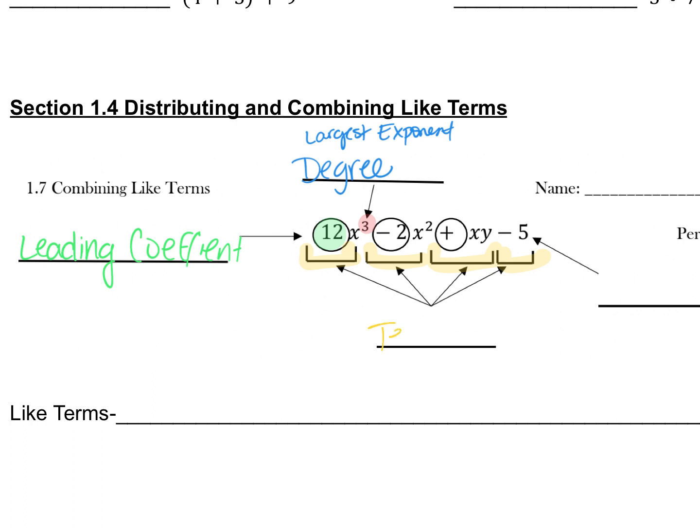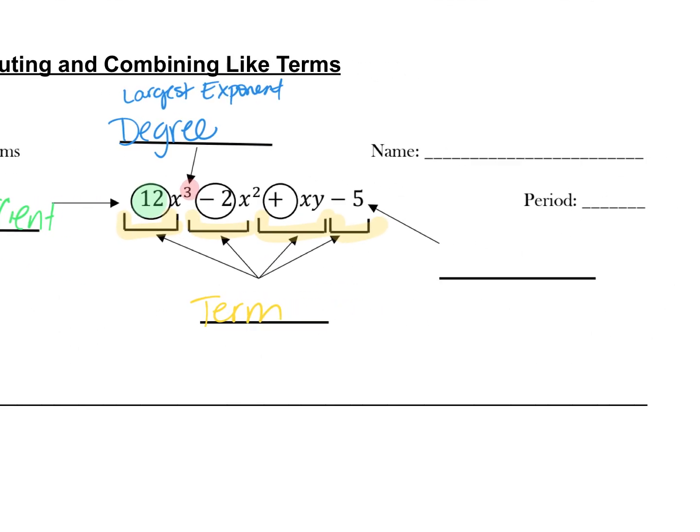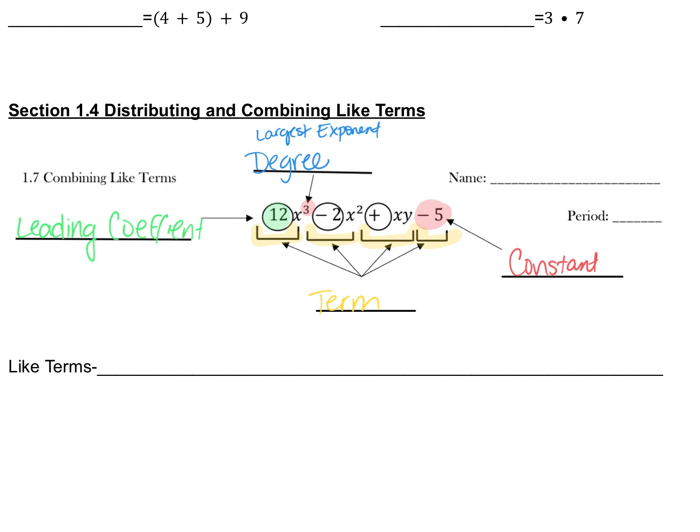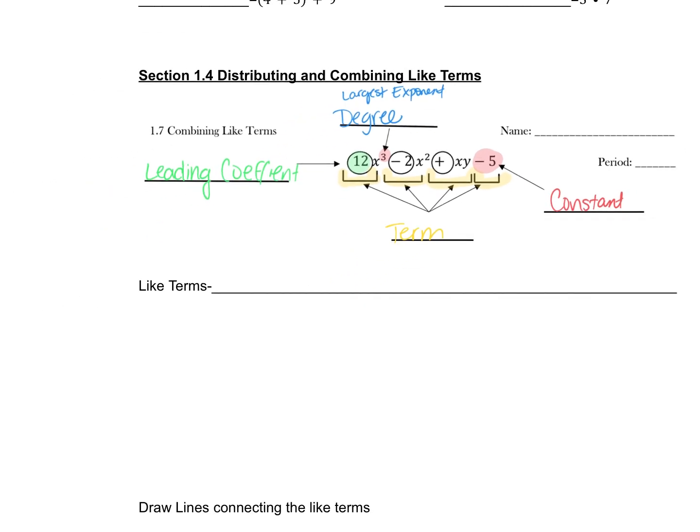So it's like how many pieces in a polynomial, and these are separated by plus or minus signs. Okay, and then the last thing is the number without a variable, and that's just a regular number, and they call that the constant. Okay, so if I say constant, it's the number without a variable.